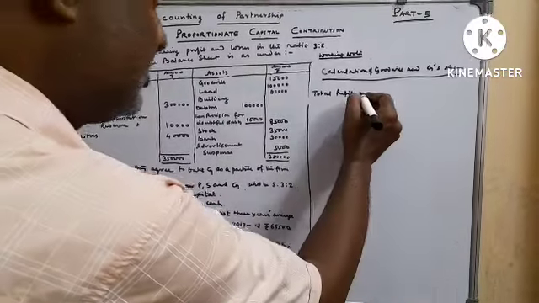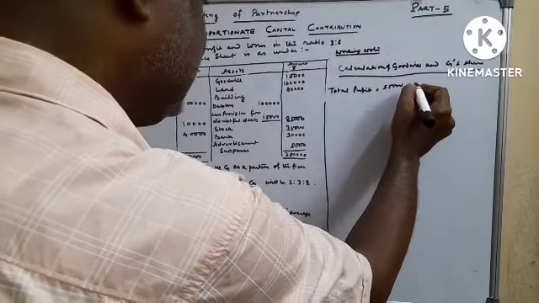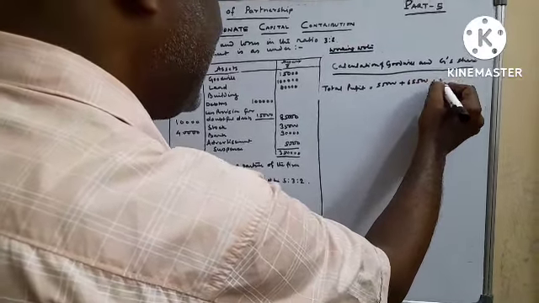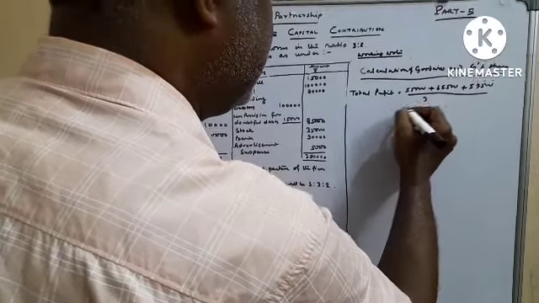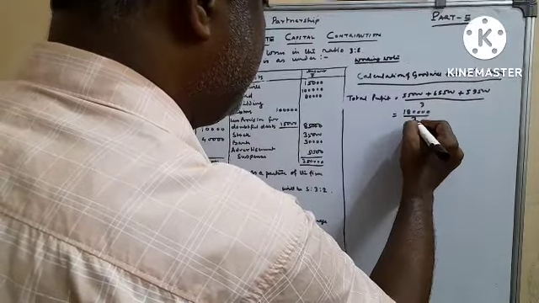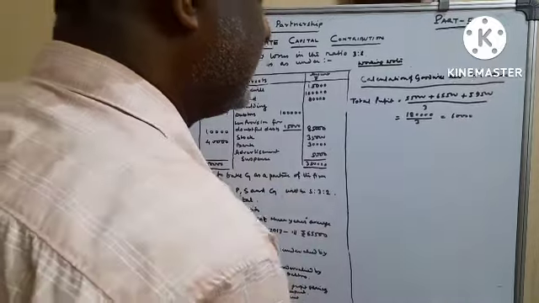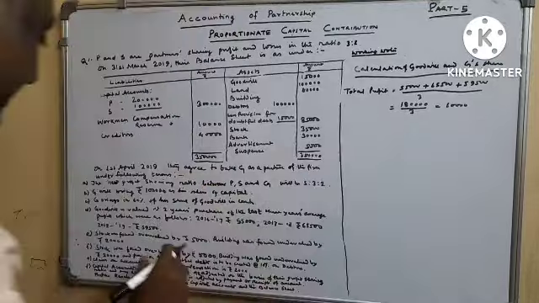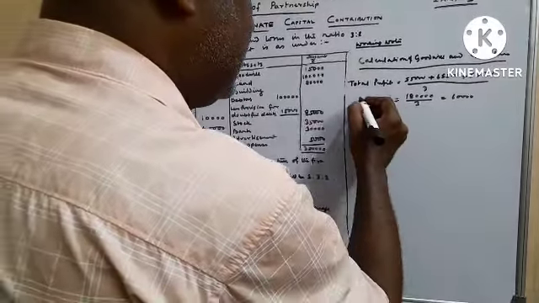So total profit equals 55,000 plus 65,500 plus 59,500, equals 1,80,000, divided by 3 equals 60,000. Now goodwill is how many years purchase? 2-year purchase. Right.